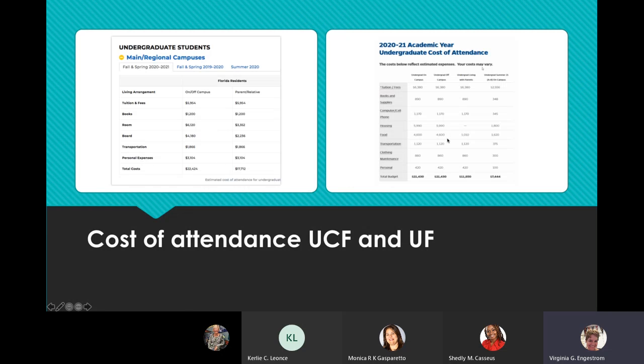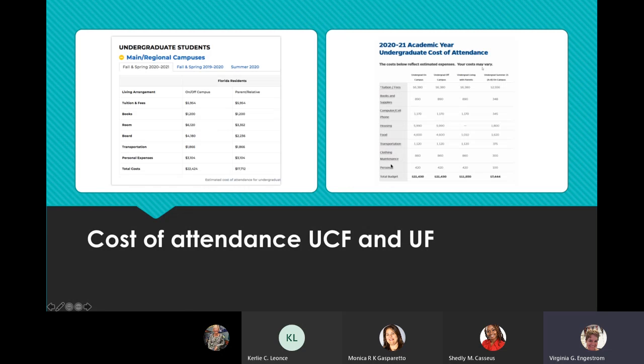For UF, they do it a little bit differently. They put the tuition and fees right on top. They do books and supplies. They add a computer. And then you have housing, which will be room at UCF. Then you see food here, that will be board at UCF. And then you have transportation. They add clothing, maintenance.